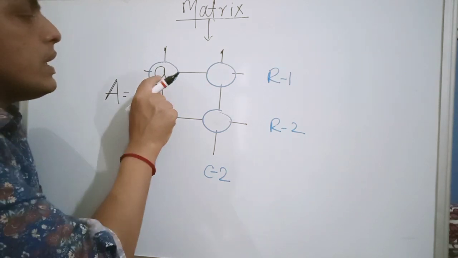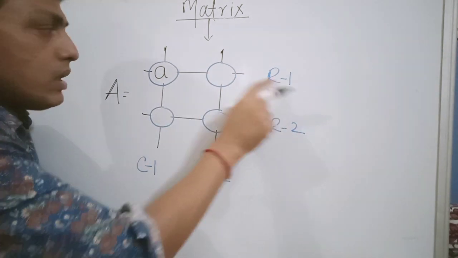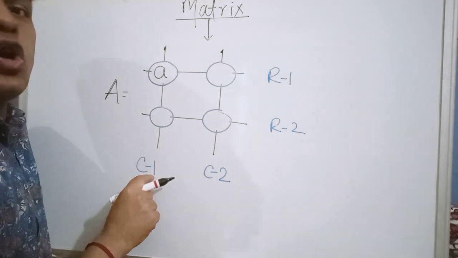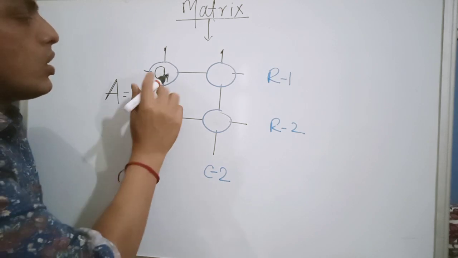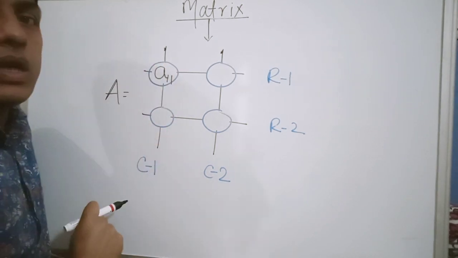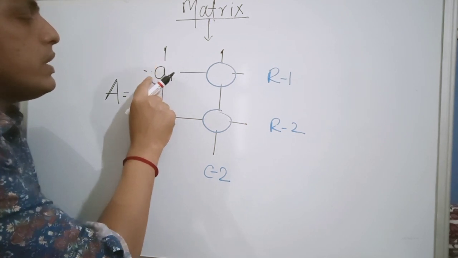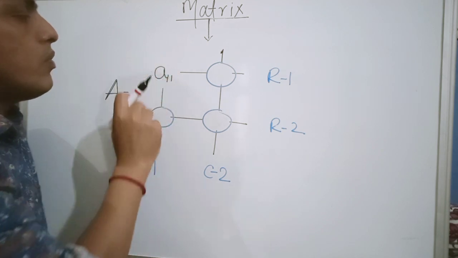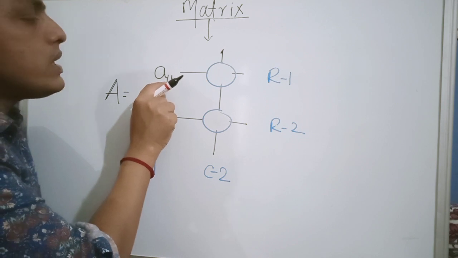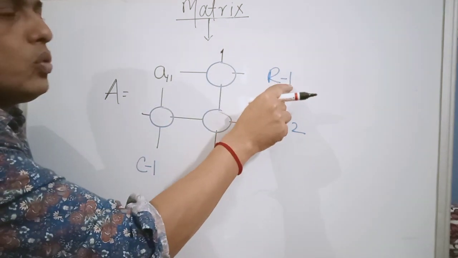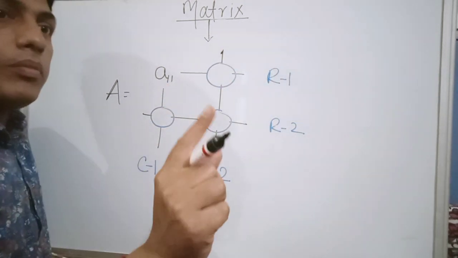Correct? a is a part of row number 1 and column number 1. So the symbol of the element is a11. The first suffix indicates the row and the second number indicates the column.